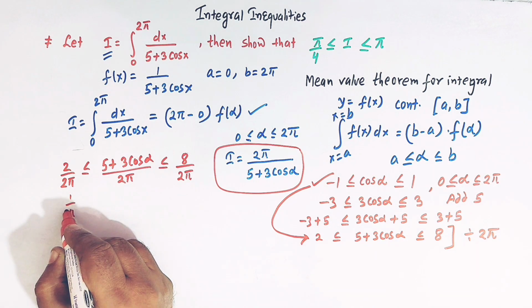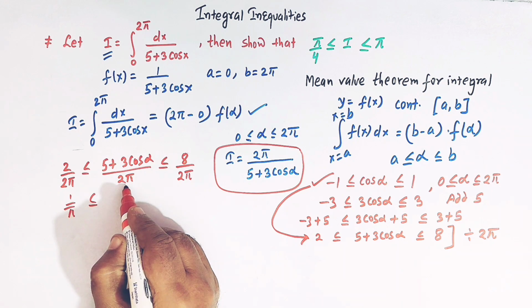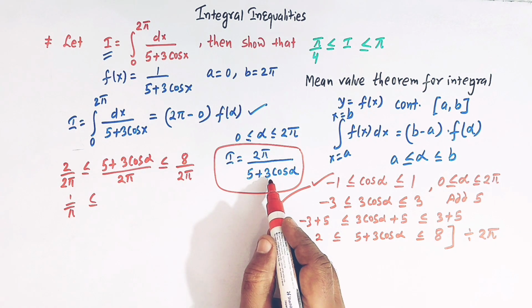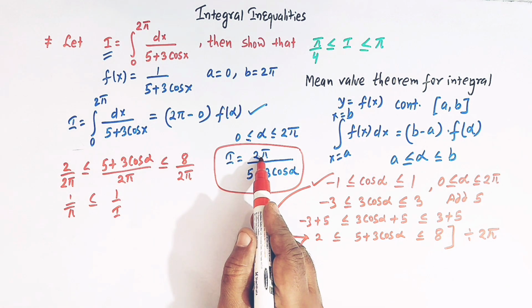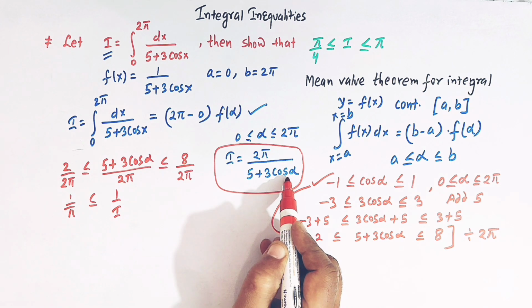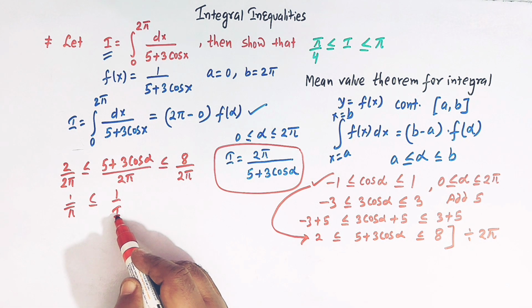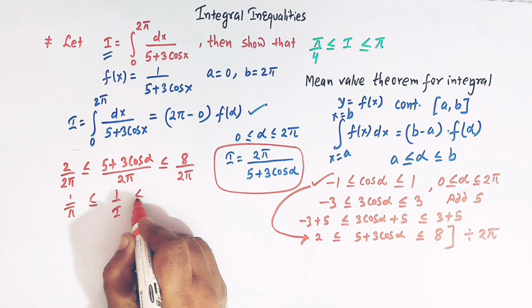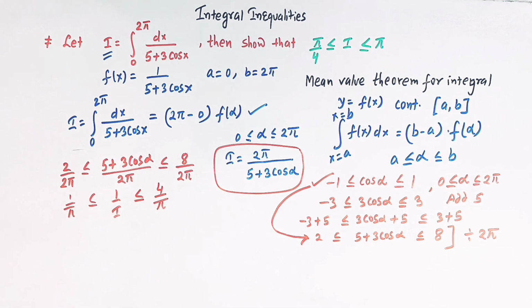So here we have 1 over pi, then we have 5 plus 3 cos alpha over 2 pi, which can be written as 1 over I, right? Because I is 2 pi over 5 plus 3 cos alpha, and we can write here the reciprocal of I. And 8 over 2 pi is 4 over pi.